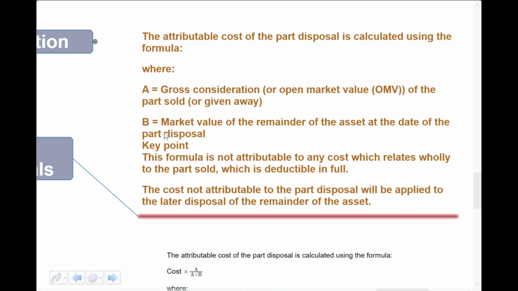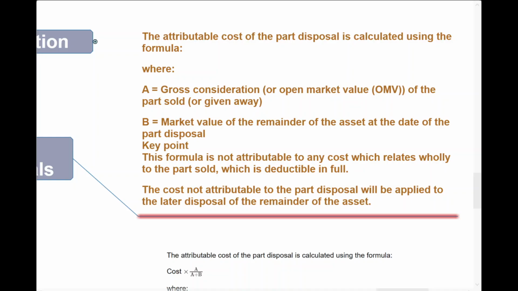Now, you'll be thinking to yourself, well, wouldn't you just prorate it? Not necessarily. Imagine a scenario where someone owns 100 acres of land, yeah, and it's in a prime spot. You sell 20 acres, we need to use the part disposal rules. But because you've sold 20 acres and someone's going to build a set of flats, it impacts disproportionately on the balance, in other words, the other 80 acres.